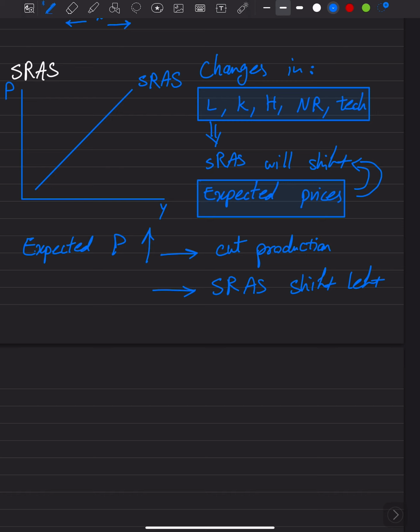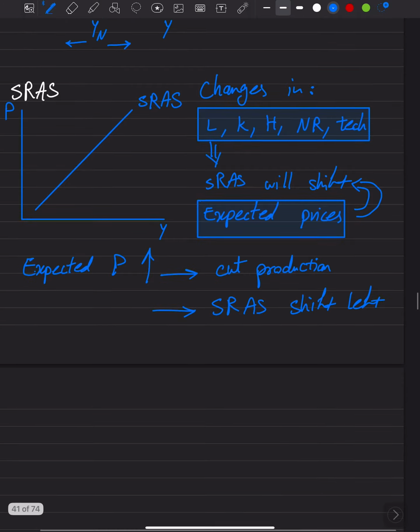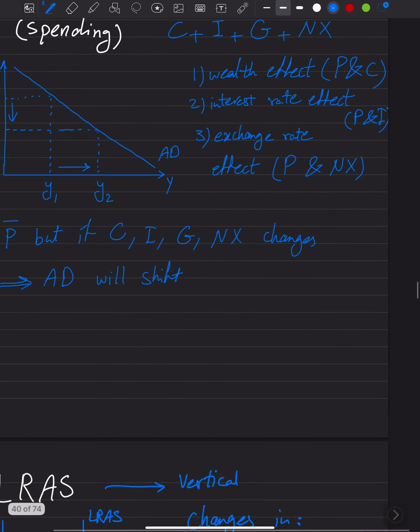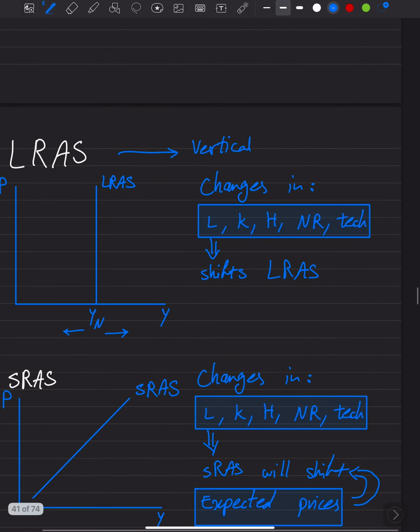Okay, so just think of aggregate demand, long run aggregate supply, and short run aggregate supply as three parts of a story. Aggregate demand shows how much we are spending. Long run aggregate supply shows how much we can produce at full capacity using all the resources, when we are producing exactly on the production possibilities frontier in the economy. And this is what happens in the long run.